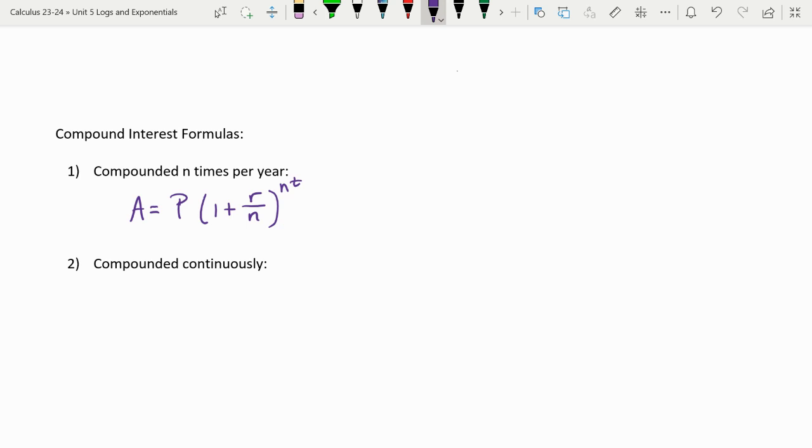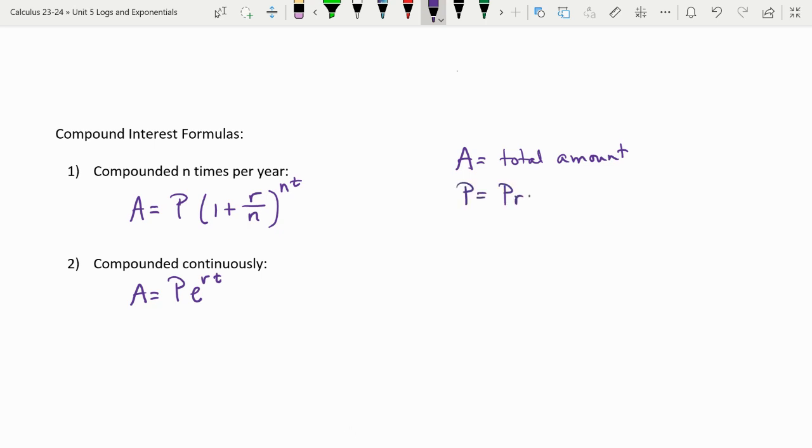And then compounded continuously is what we called before the PERT formula. And I said what these letters stood for when I was stating the formula, but A is the total amount either paid back if it was a loan. So if I borrowed $8,000, but when I finished paying off after 5 years, I ended up paying $12,000, that would be the total amount because of what I started with plus the interest.